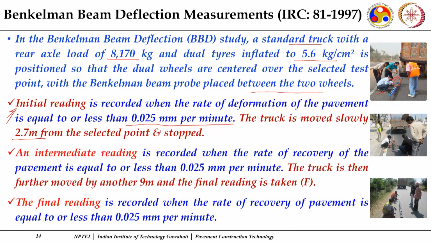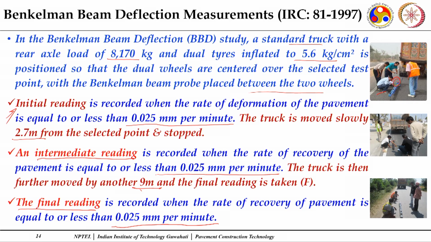There again I will record the reading when the deflection is less than 0.025 mm per minute. I will record my second reading, that is known as my intermediate reading. Thereafter, it is further asked to move ahead a distance of 9 meter, and then the final reading is recorded, again when the recovery is less than 0.025 mm per minute.